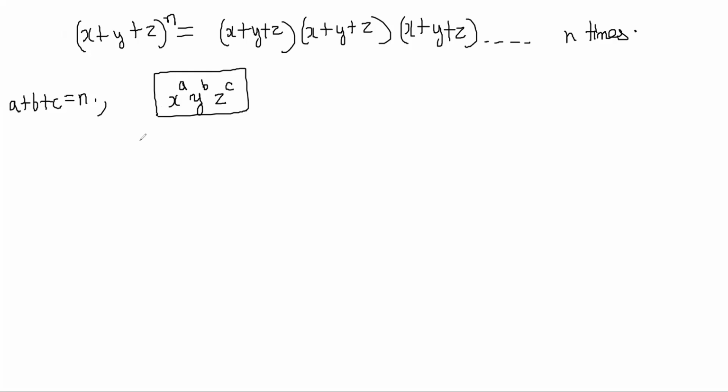So how many ways can you select a x's from n brackets? That number of ways would be nCa, right? This we have understood, no? nCr means the number of ways of selecting r things out of n things. So this is nCa.